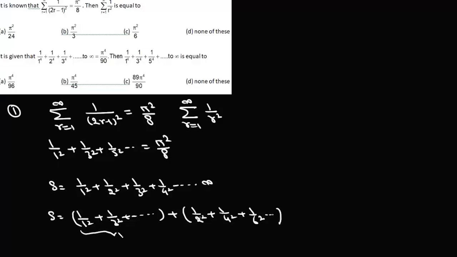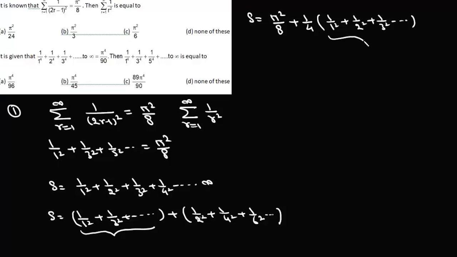Now sum of this series, it is already given in the question, pi square by 8. So this sum, it is pi square by 8, and plus here we'll take 1 upon 2 square common. So we'll take 1 by 4 common, and then we'll have 1 upon 1 square plus 1 upon 2 square plus 1 upon 3 square up to infinite, and this is simply s.